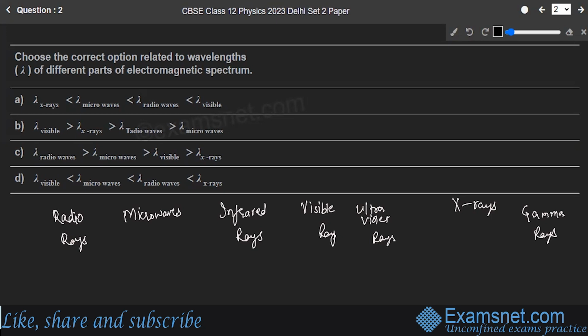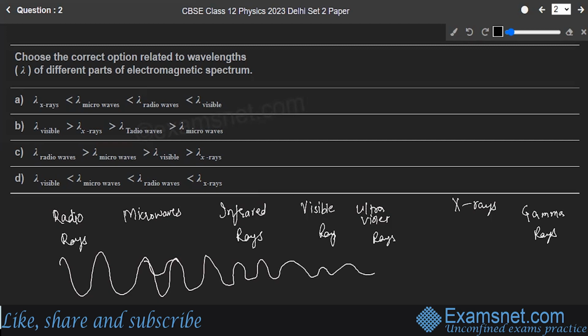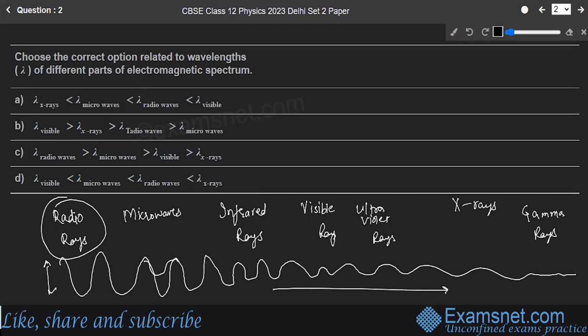Now see, we are talking about the wavelength of it. Starting from the radio waves, the wavelength is the maximum, and it keeps on decreasing in this direction. The gamma rays have the least wavelength.